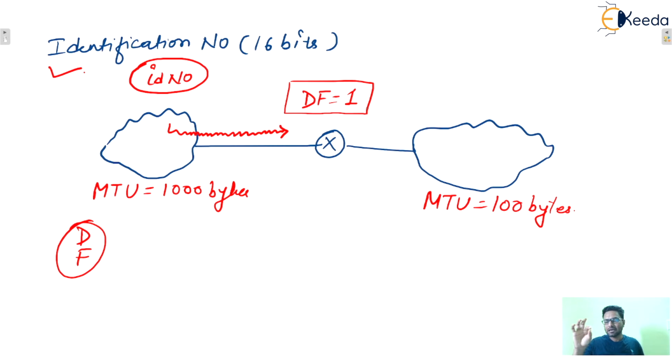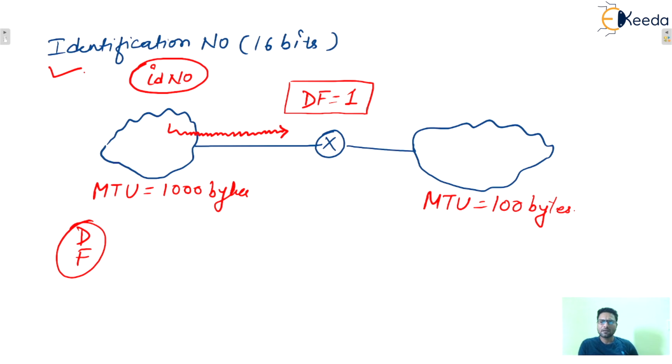The sender can set the don't fragment bit equal to 1. That means do not fragment this particular datagram anywhere. So whenever DF is 1 inside any datagram, that means do not fragment. Do not fragment means this datagram should not be fragmented anywhere in the path.